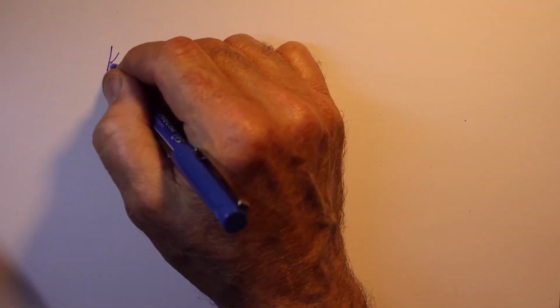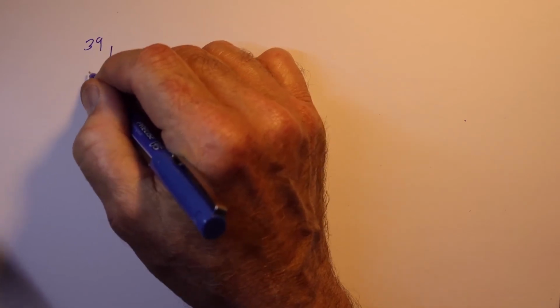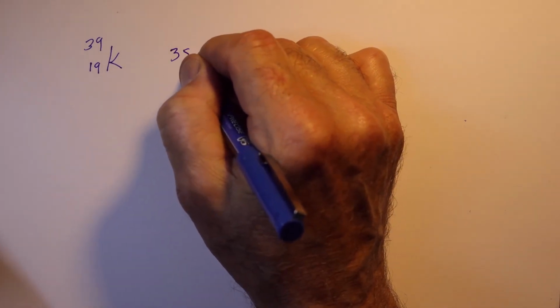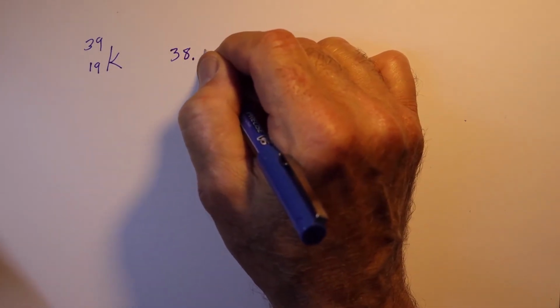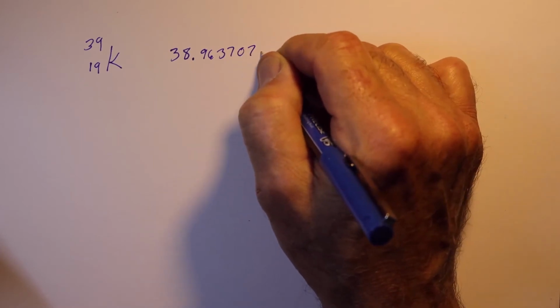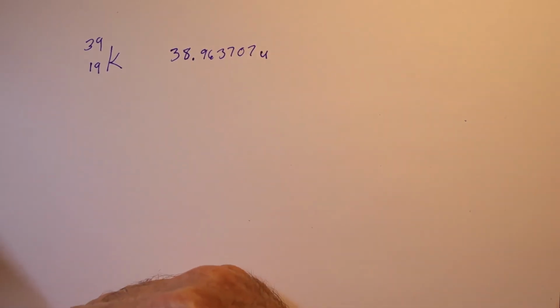Let's try the isotope of potassium-39. Potassium-39 nucleus has a mass of 38.963707 atomic mass units.